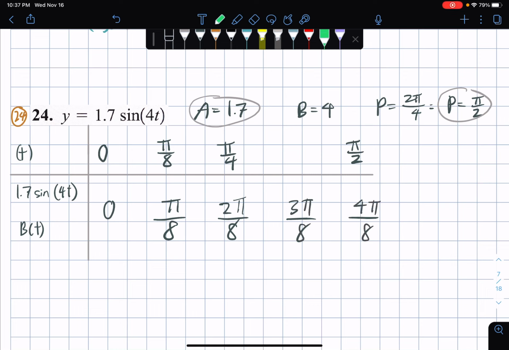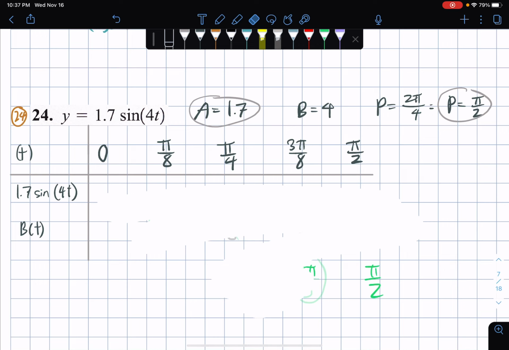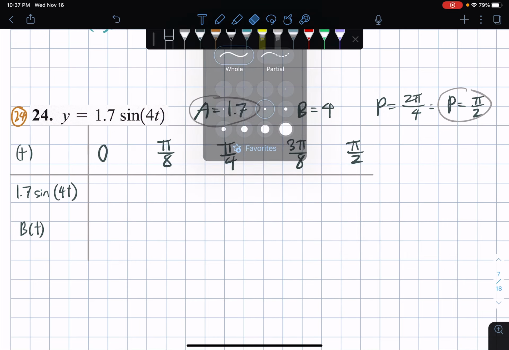If we simplify, nothing to simplify here. This becomes pi over 4, 3 pi over 8, nothing changes. Cancel, this is pi over 2. Therefore, the value here is 3 pi over 8. There you go. Now that's one useful technique to solve for a missing value in t.